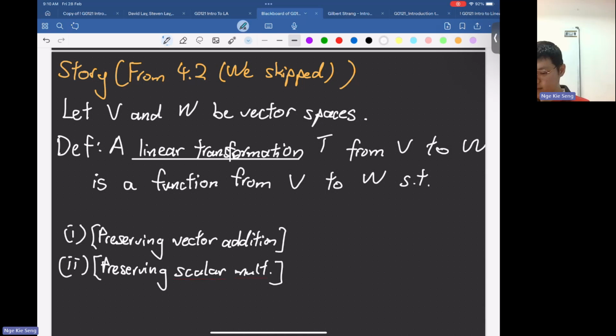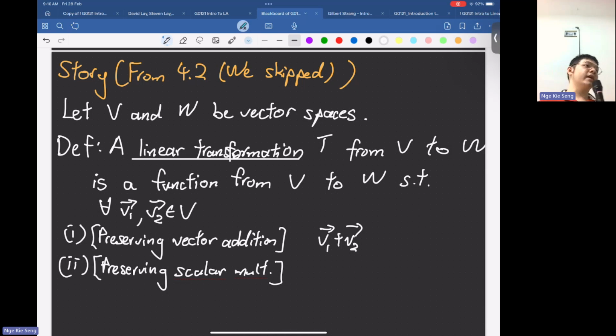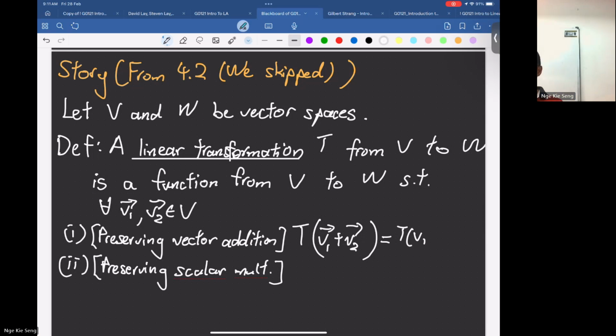Such that for every vectors v1, v2 in V, I can add them up first. Because a vector space is closed under addition, it's still an element in V, so I can feed this element to T. But what does T give me? T actually splits the sum up.